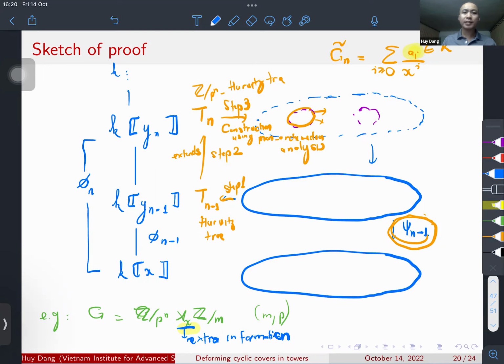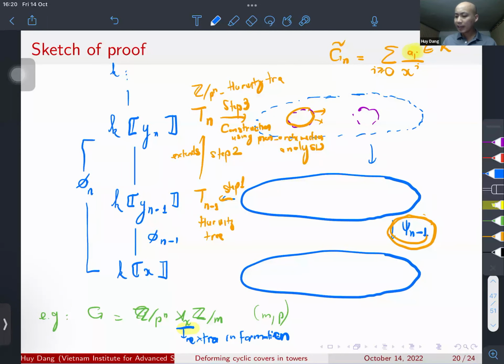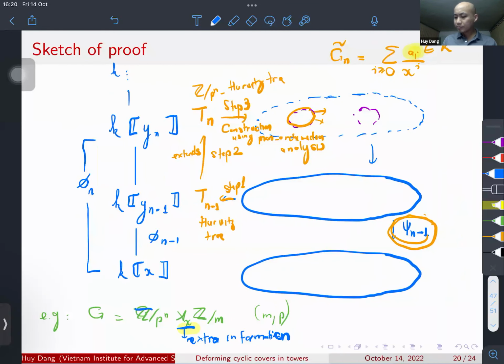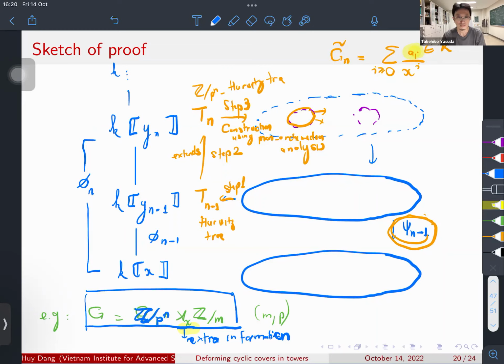We can talk about similar data, like the refined Swan conductor and Herbrands and so on, with extra information on the Herbrand. And at least for a case like this, I conjecture, I don't know yet, but I conjecture that we can obtain the same result for a group like this, a semi-direct product of a cyclic group. Just a conjecture, I don't know for sure. Does that answer? Okay. Yeah, thank you.